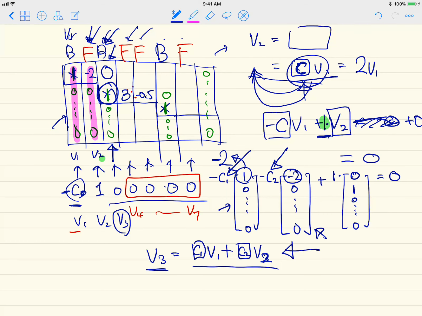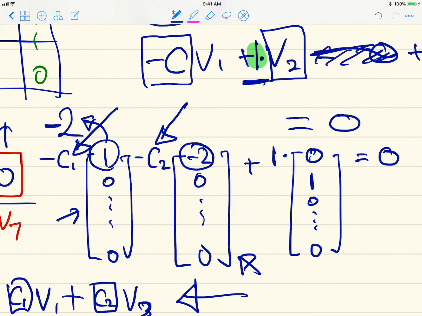Is it possible? It is actually not, because we have a pivot here. We set V3 as 1, and where does this 1 come from?